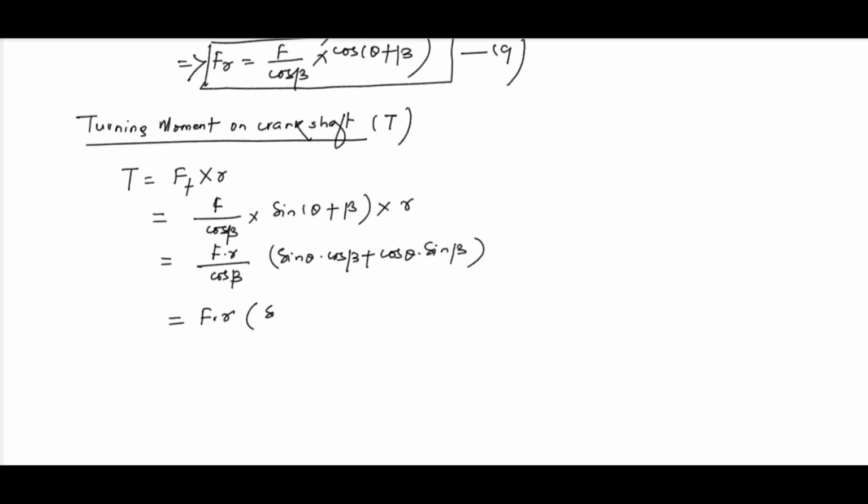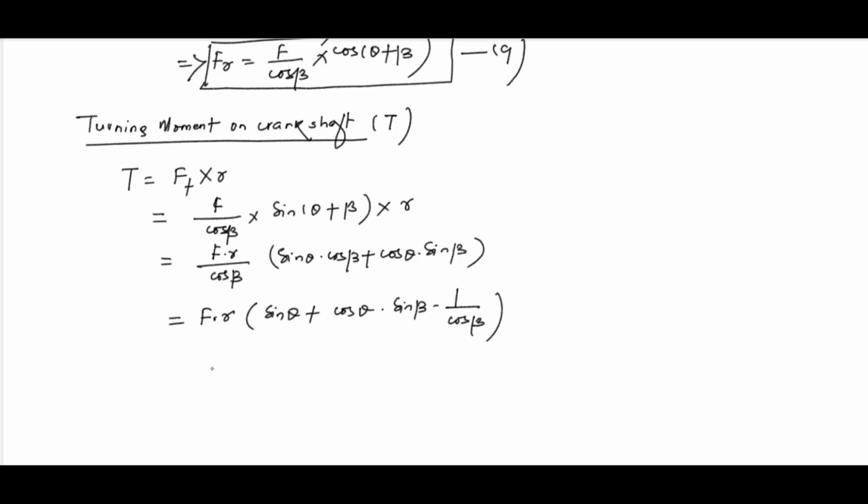Or I can write this as F dot R into sin theta plus cos theta sin beta into 1 by cos beta, multiplying 1 by cos beta with every element.